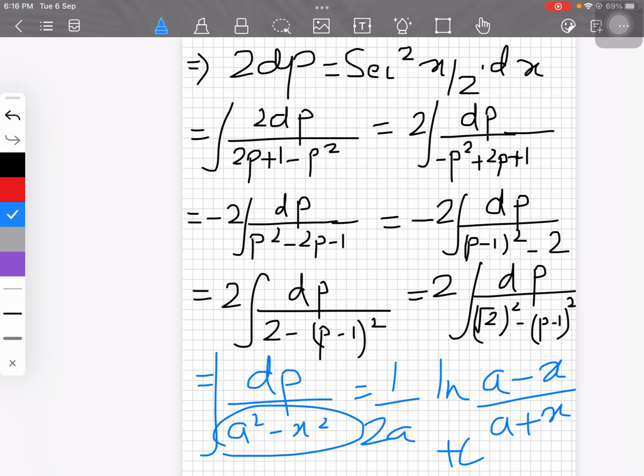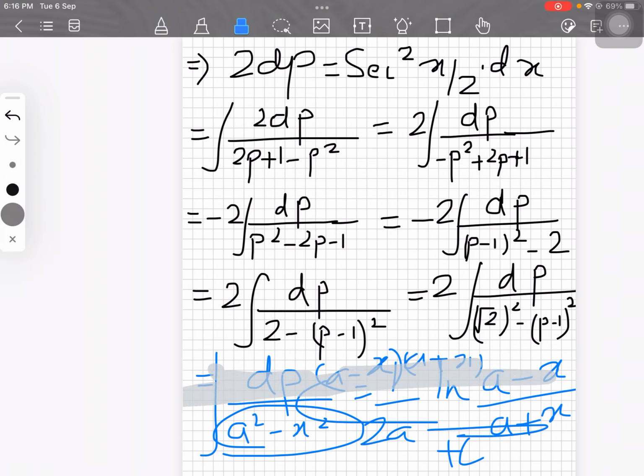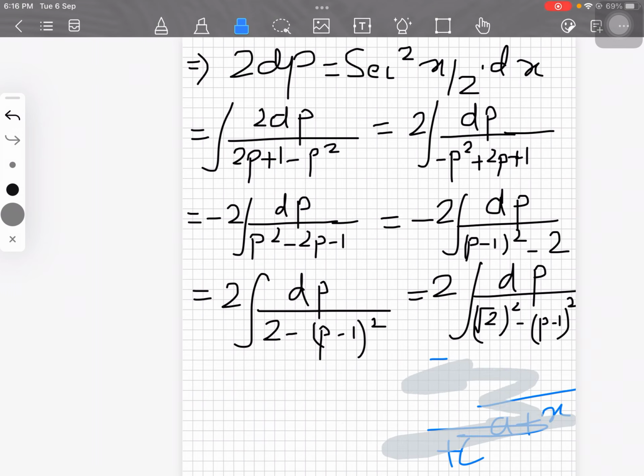It's nothing very difficult, but I suggest you remember it if you're solving a lot of questions. That makes your work easier.